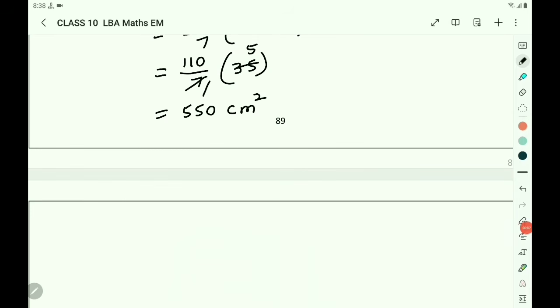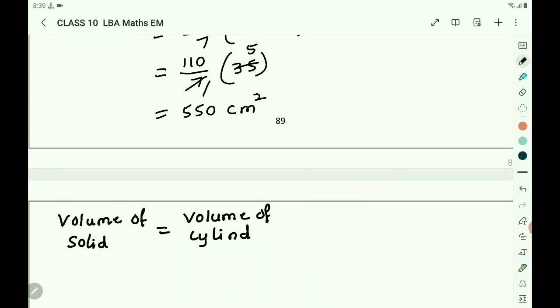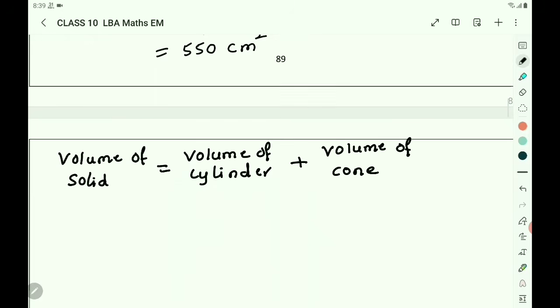Volume of the solid equals volume of cylinder plus volume of cone. Write the formula.